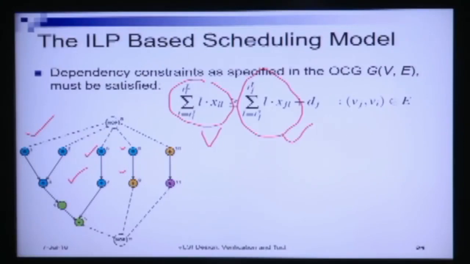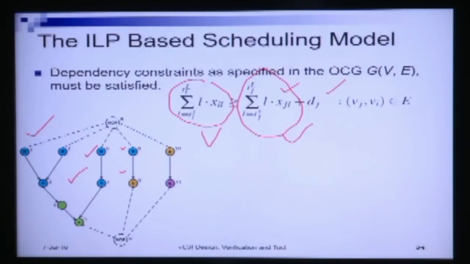So, the propagation delay of operation J plus the start time of operation J should be the earliest start time of operation I. This is what it says. So, the start time of operation I should be at least the start time of operation J plus the delay of operation J.